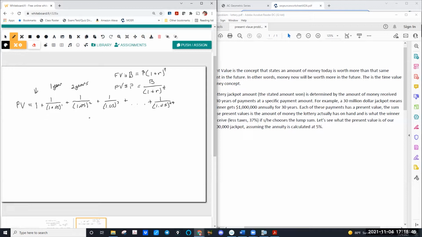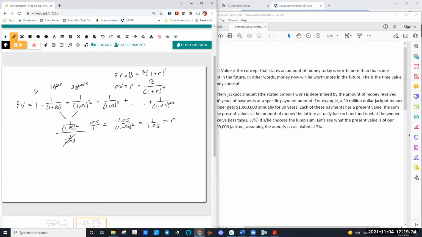In other words, if I take successive terms, 1 over 1.05 squared, and divide that by 1 over 1.05, you divide by a fraction, you flip and multiply. And we get 1.05 over 1.05 squared, which reduces to 1 over 1.05. This is our common ratio.